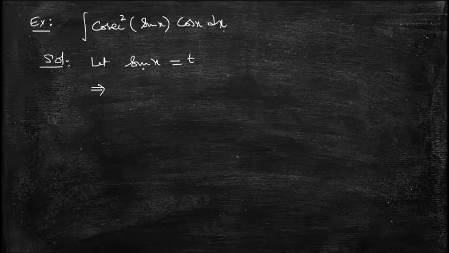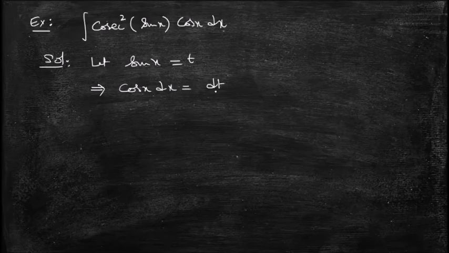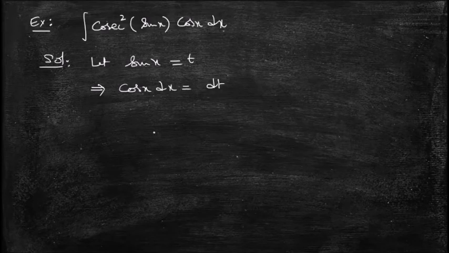implies differentiation of sin x is cos x dx is equal to dt. So cos x dx is there already in the structure, so I can write directly cos x dx can be replaced as dt. Now what happens to the problem?